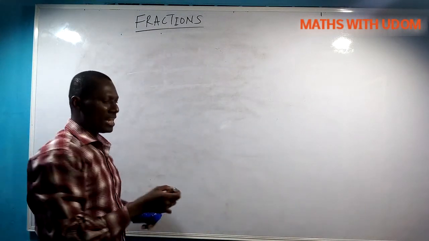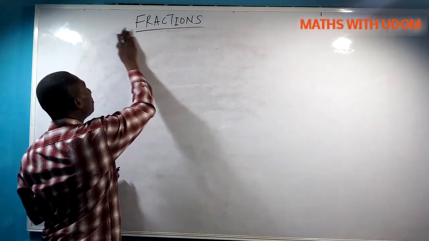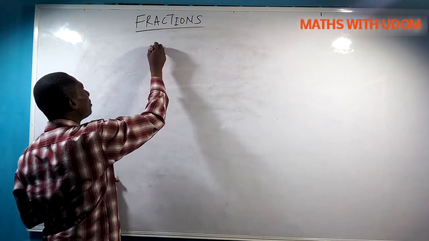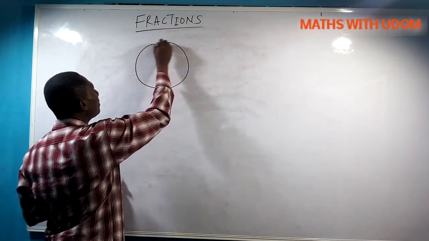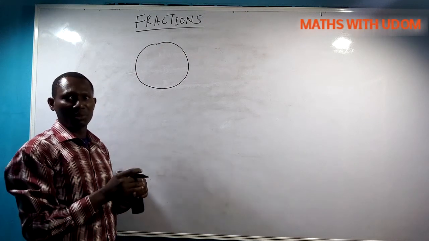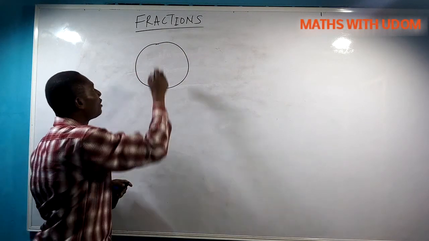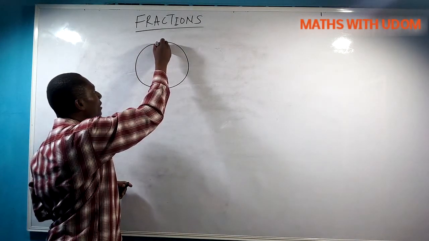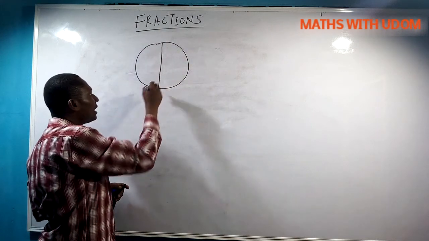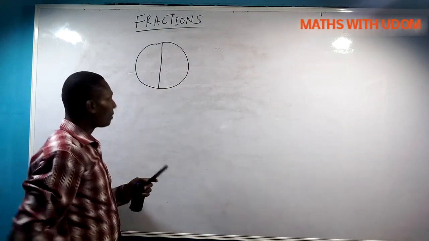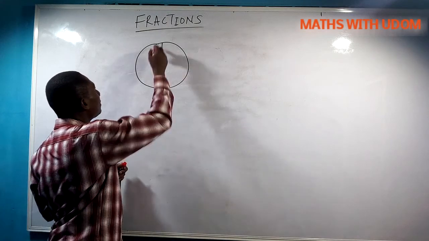Let's say you have a circle like this. This circle is a whole, a full circle. Now, if I divide it into two equal parts, then I have obeyed the rules by shading one part.